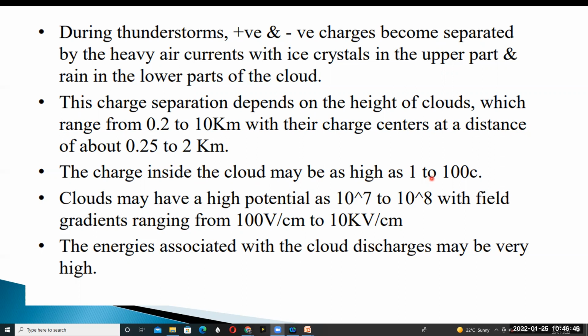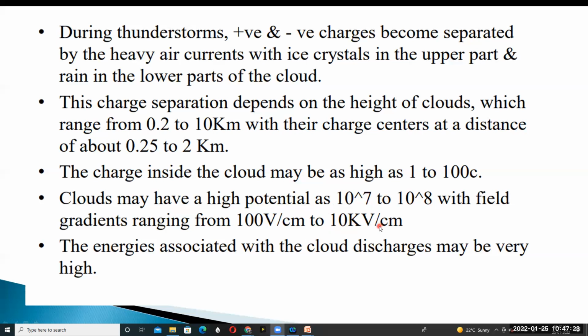Clouds may have a potential as high as 10 to the power of 7 to 10 to the power of 8 volts, that is, 100 megavolts to 1000 megavolts, with a field gradient ranging from 100 volts per centimeter to 10 kilovolts per centimeter.